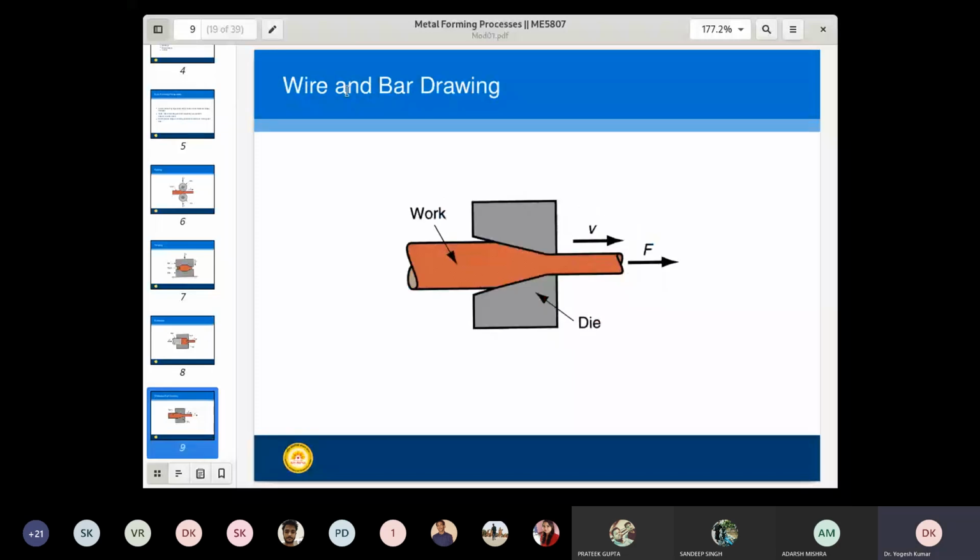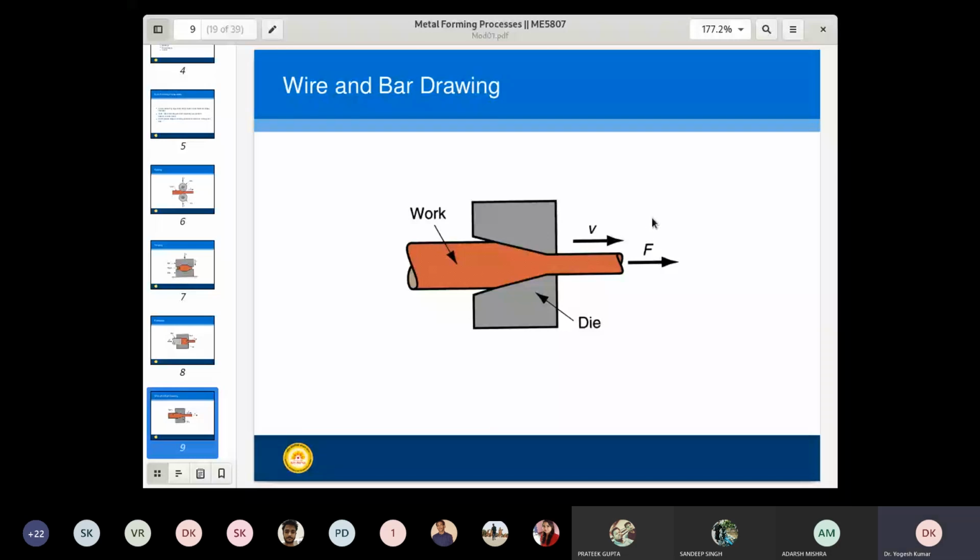While in the case of wire and bar drawing, this is our workpiece, and this workpiece is being pulled. Okay, there is no push. You can see the force is applied on the right hand side, so the workpiece is being pulled through a die. Okay, so this is how wire or bar drawing works. We will discuss in detail later.